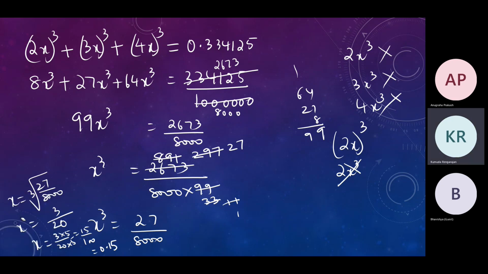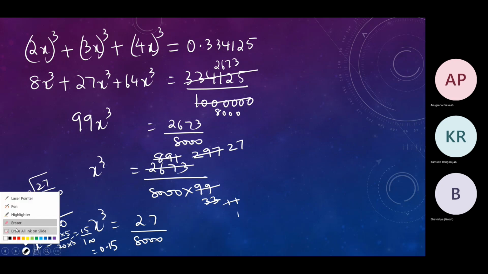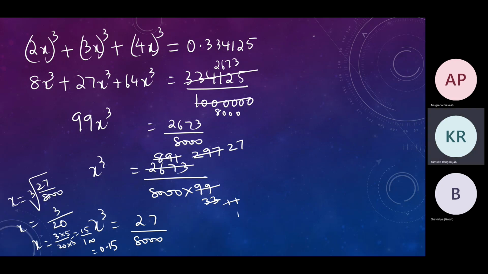So the three numbers are 2x, 3x, and 4x. 2 into 0.15, 3 into 0.15, and 4 into 0.15.